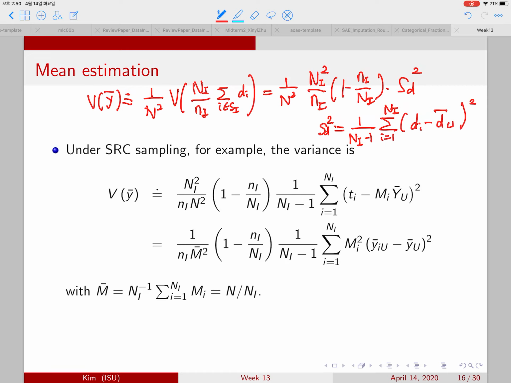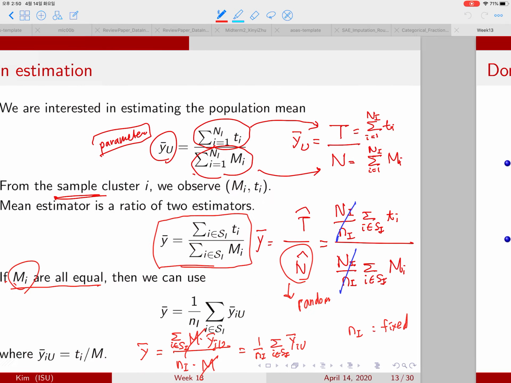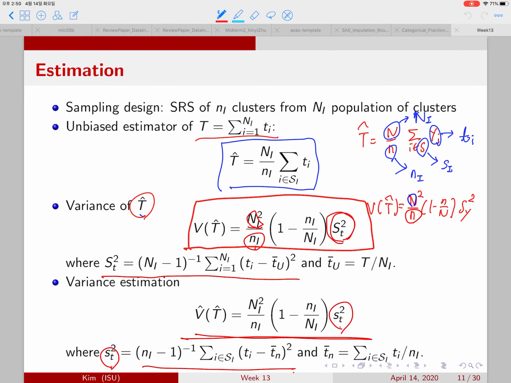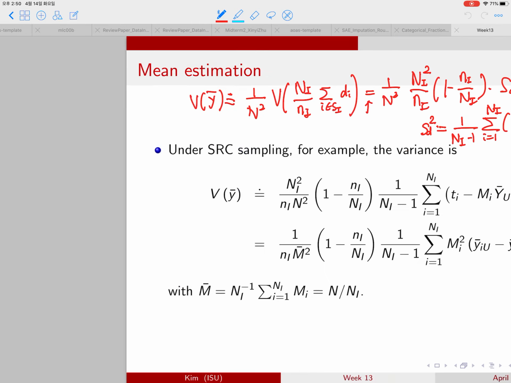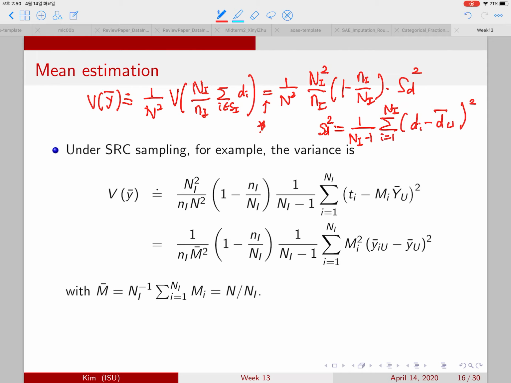Using the formula, basically this formula here is based on this part. So this part is used here, using di instead of ti.